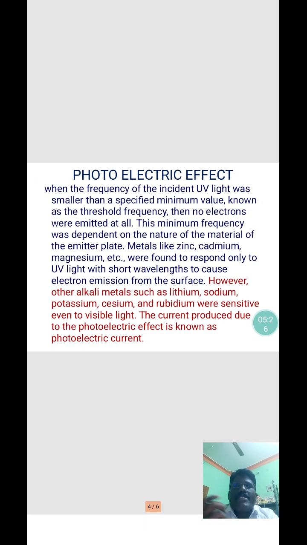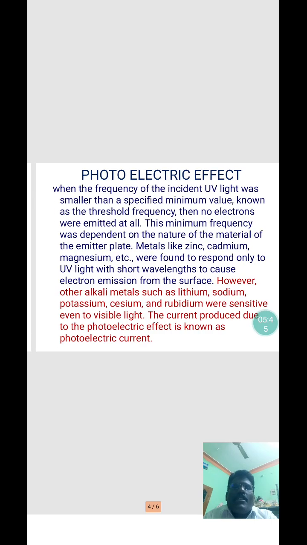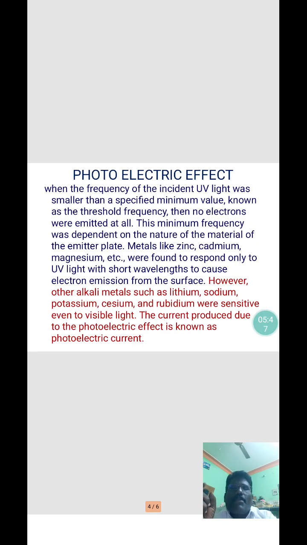When the frequency of incident UV light was smaller than a specified minimum value known as the threshold frequency, then no electrons were emitted at all. The minimum frequency was dependent on the nature of the material of the emitter plate.